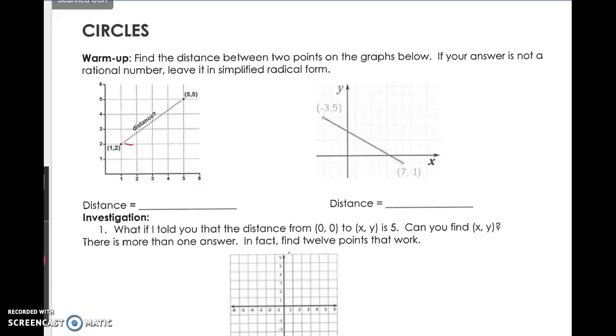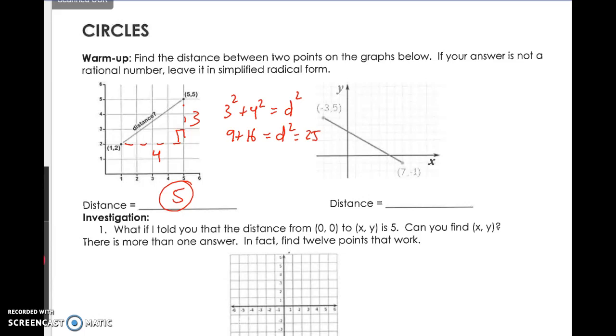If you count over 1, 2, 3, 4, up 1, 2, 3, you'll notice that we have a right triangle, and we can use the Pythagorean Theorem. 3 squared plus 4 squared would be our distance squared. That's 9 plus 16 equals d squared, which equals 25. If you take the square root of both sides, you get that d is 5.